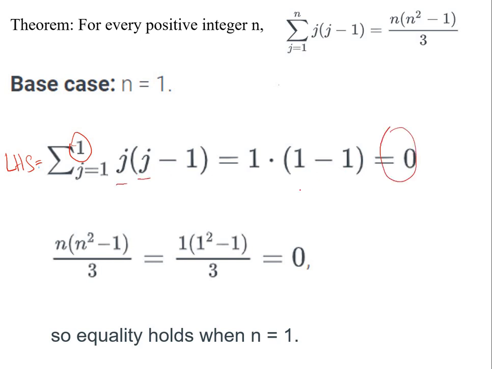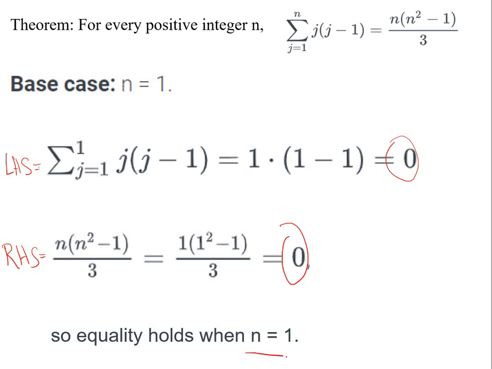So it's just 1 minus 1 equals 0. And then on the right-hand side, you plug in n equals 1, you also get 0. So again, you have shown that your left-hand side and right-hand side are both equal to each other. They both give you 0 for the base case. So you're done with the base case.